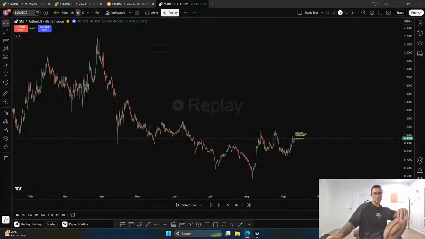All right. Tonight we're going to be backtesting a bit of SUI, tethered USDT. What I'm going to do straight away is share my screen. Entire screen.